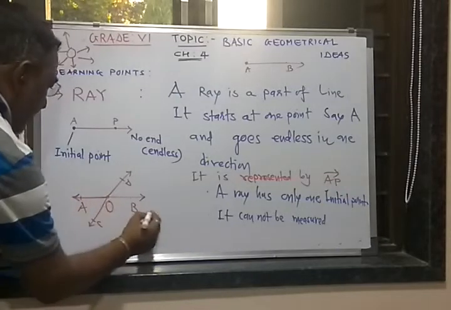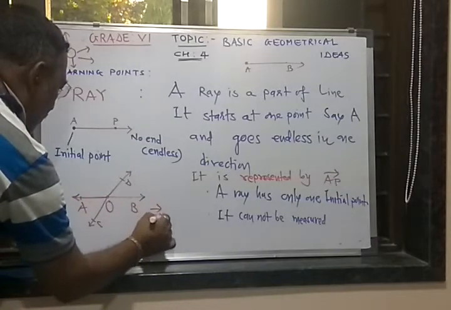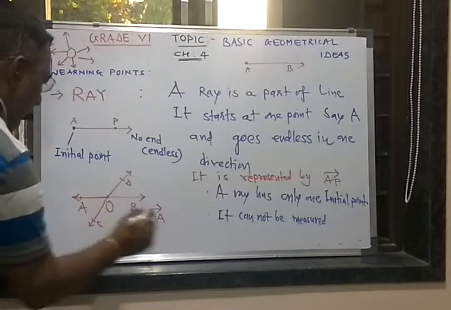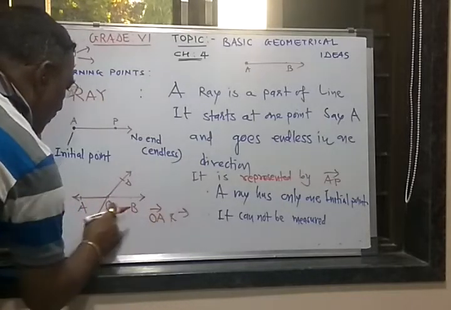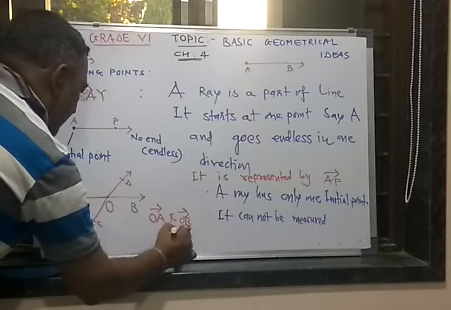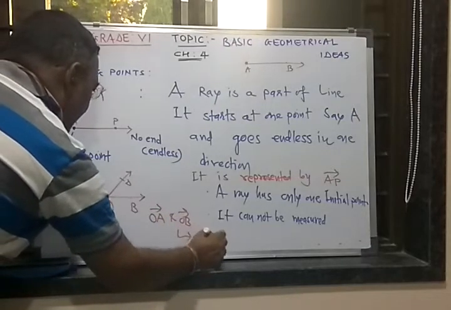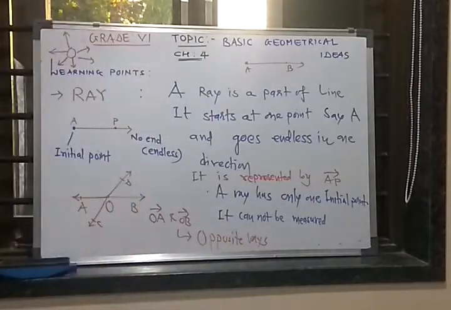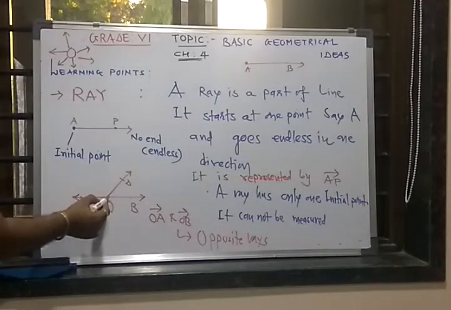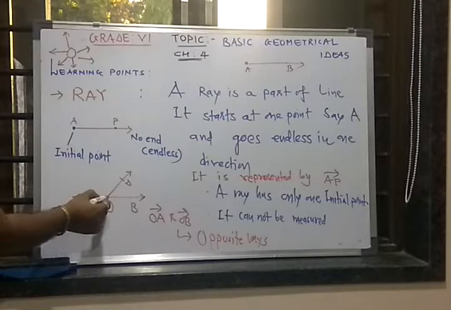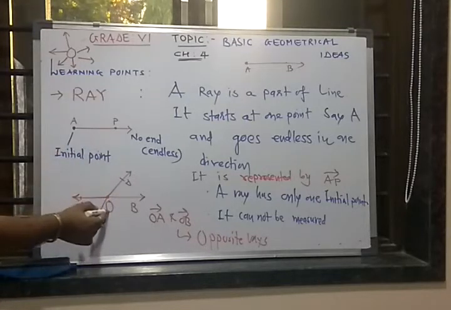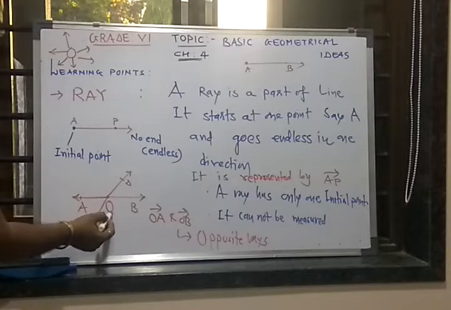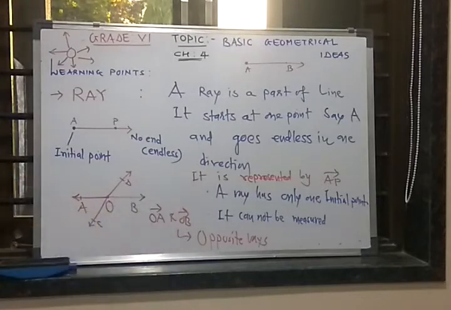You see here ray OA and ray OB, they are known as opposite rays having one common initial point. Ray OA starts from O to A, and ray OB starts from O to B. So OA and OB are opposite rays.